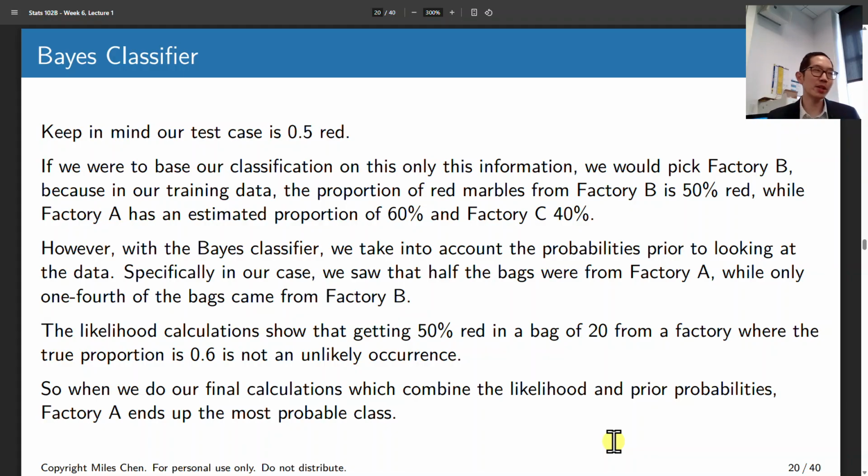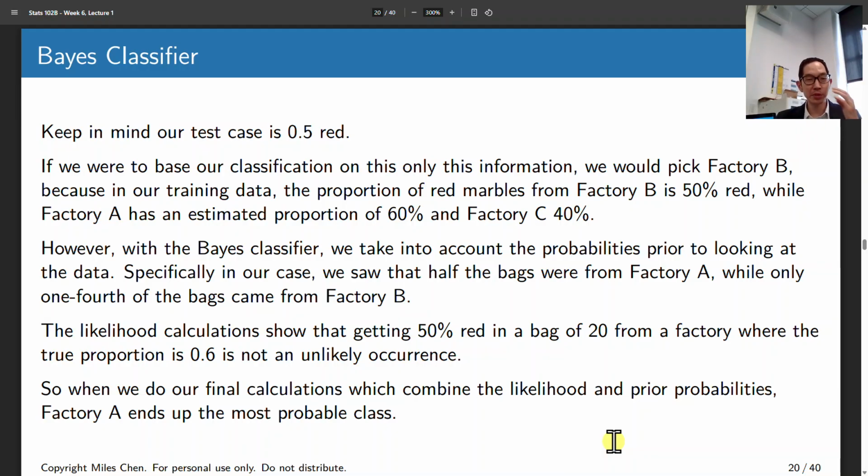So our observation most closely matches Factory B. But with the Bayes classifier, we want to take into account the prior probabilities prior to looking at our data. And in our training data, we saw that half of the bags came from Factory A, whereas only a quarter of the bags came from Factory B.